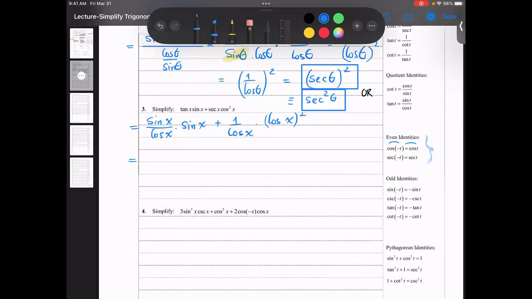Sine x times sine x is sine x, all of that square, plus cosine x, all of that square, over the common denominator, which is cosine of x.